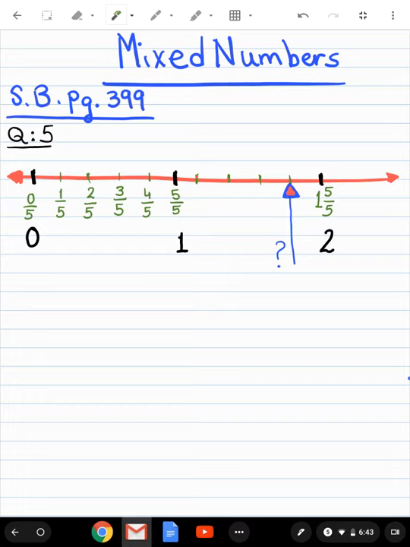So when I represent each part, it will be a part out of 5. So it's a fraction.